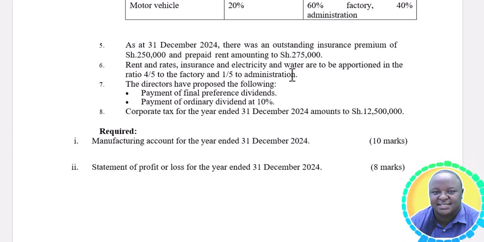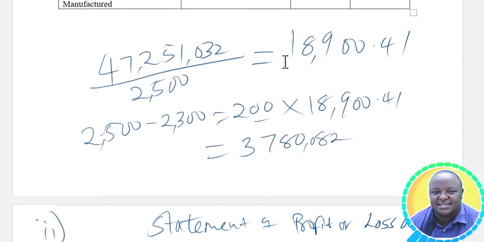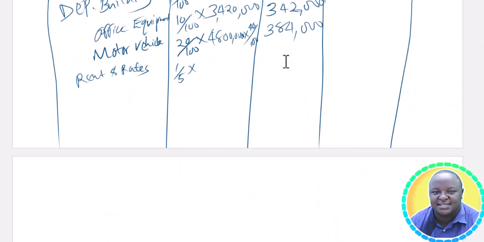So we will have to reduce that, minus 275. If we reduce that amount, we will get 334,360.